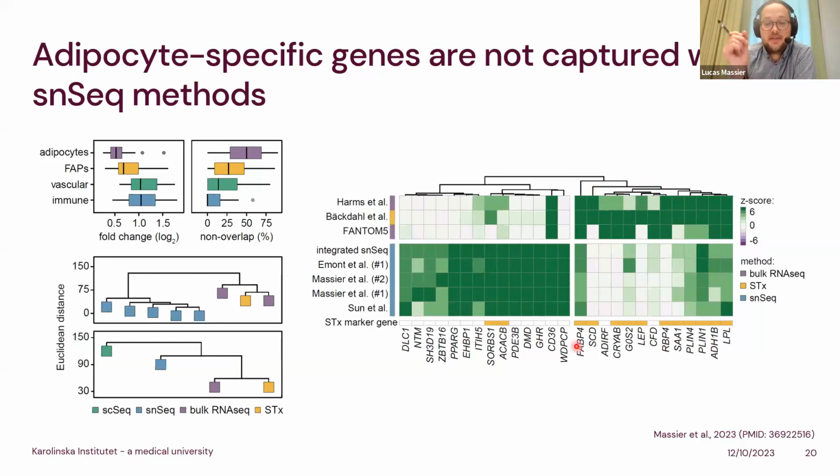And then we overlap that with the marker genes that we used in our spatial paper to identify adipocyte subtypes. And interestingly, most of these genes overlap with the list of genes that are highly different between the single nuclei and the spatial data, and also the bulk data of isolated adipocytes.